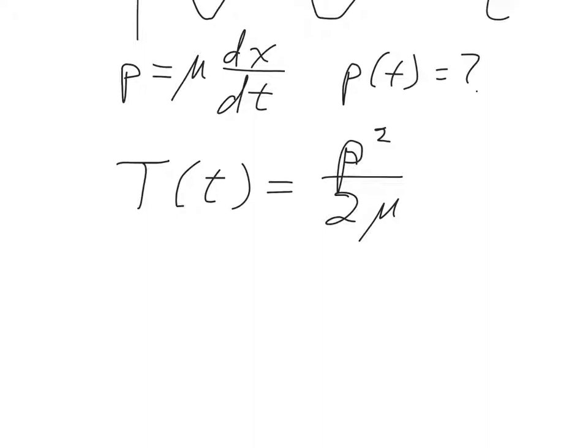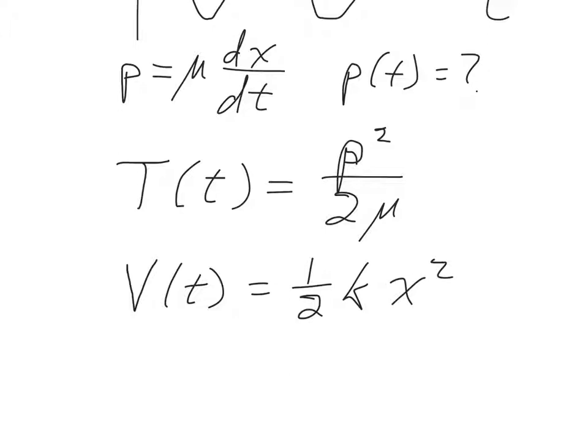And then do the same thing for potential energy, again treating x as a function of time. Find potential energy as a function of time from the expression for potential energy, 1/2 k x squared. Substitute in our sine or cosine function for x.